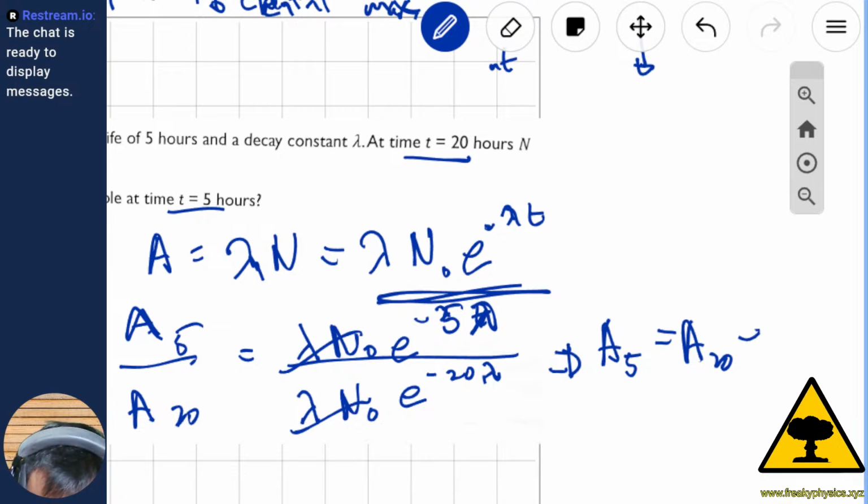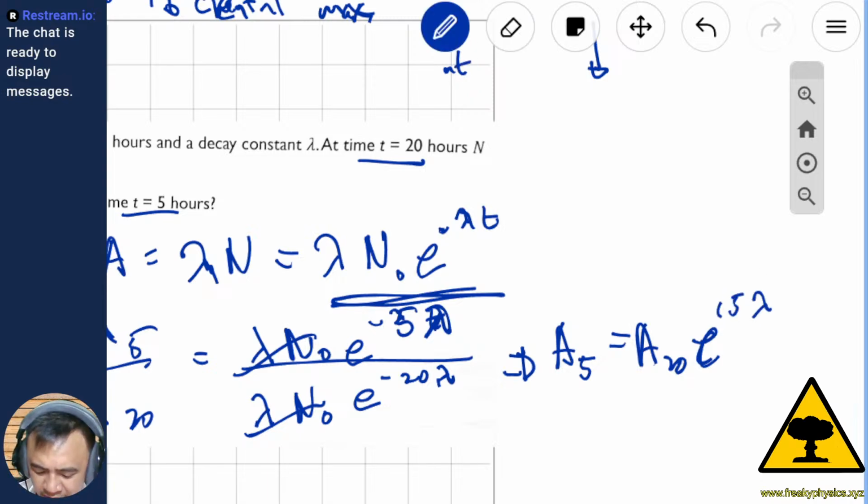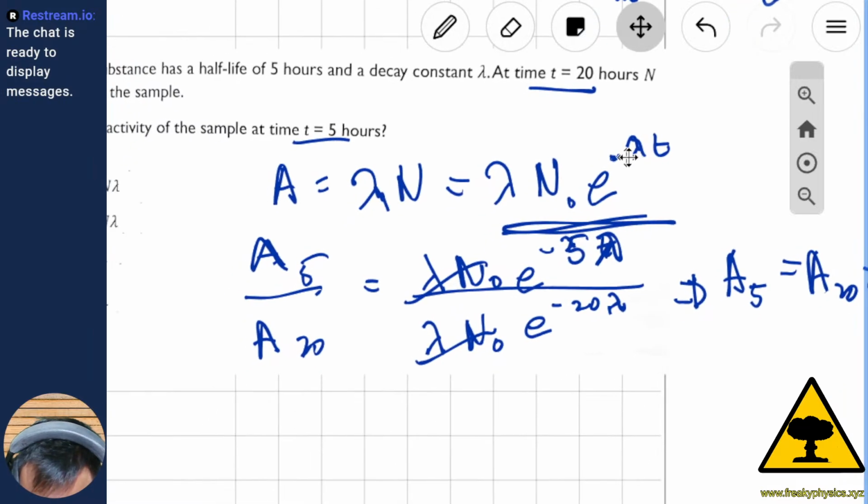A5 equals A20 times e raised to negative lambda times 5 minus 20, which is 15, so that's going to be 15 lambda. I guess that's basically it, and that's the first part.